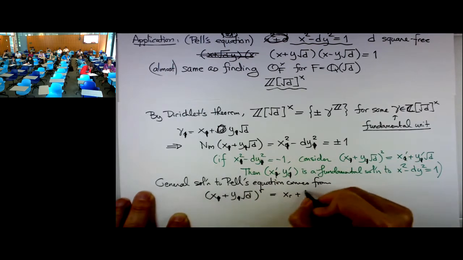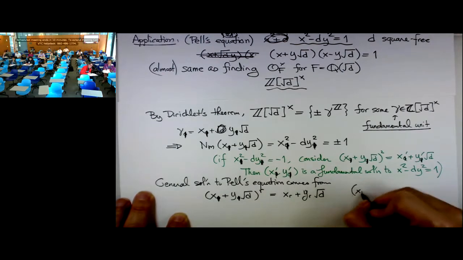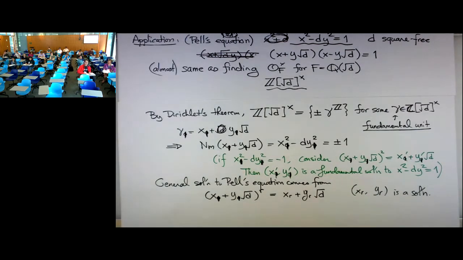So this is a solution. And sometimes the Pell's equation has a good structure that if you know one fundamental solution, you can get the rest of the solutions. Of course, Pell at that time didn't know anything about algebraic number fields. He just somehow observed this factorization and made the calculation.